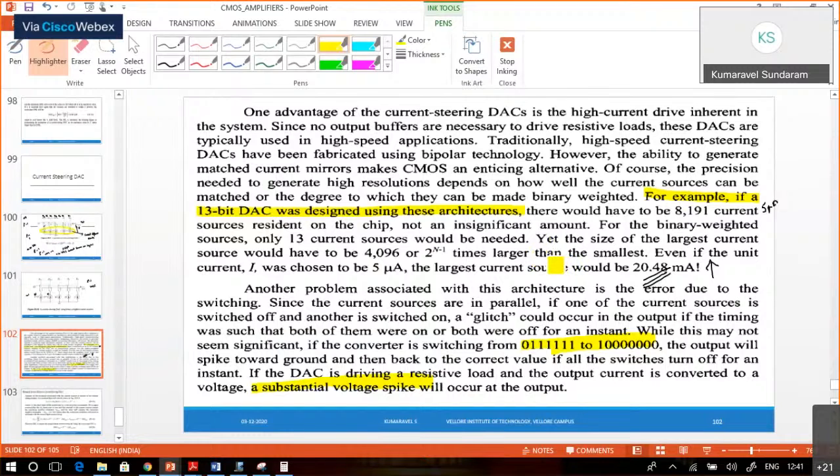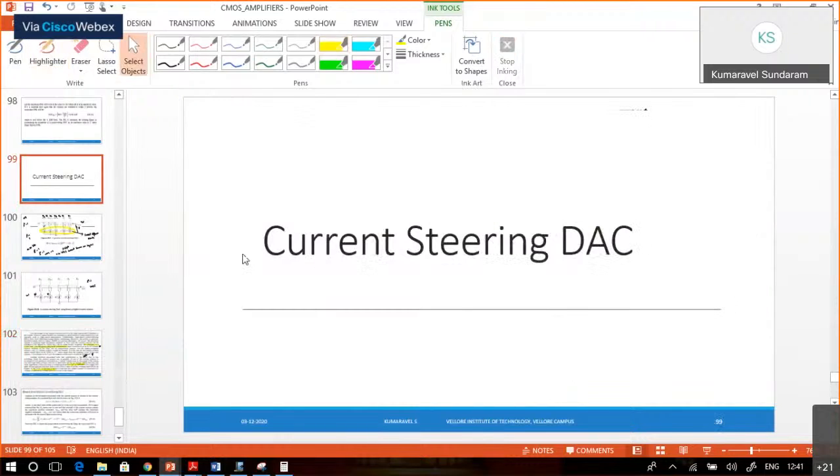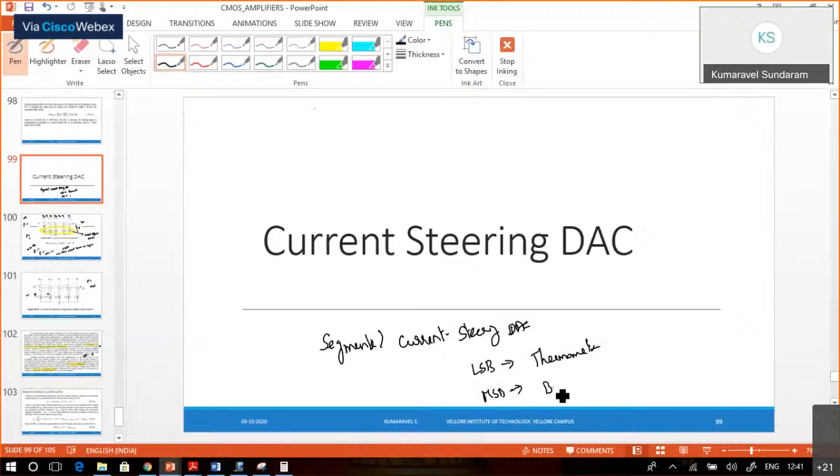That's why in today's research they are going with the segmented current steering DAC. Segmented means the LSB part is realized with thermometer code and the MSB part with binary.